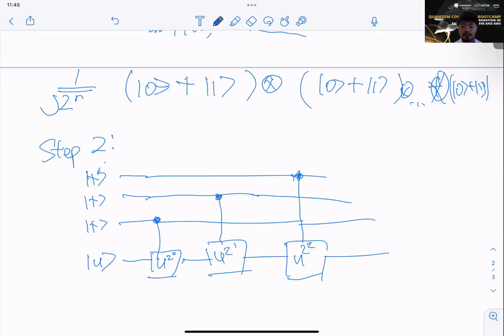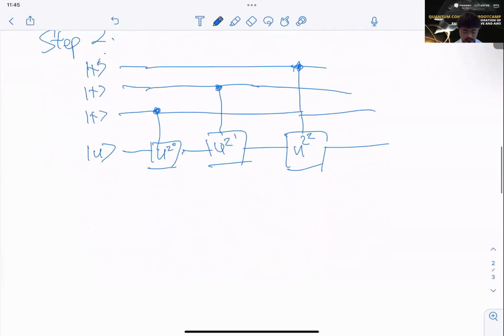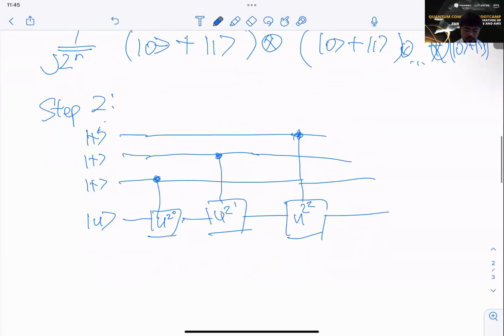Okay, so for this qubit over here, let's think about this qubit first.